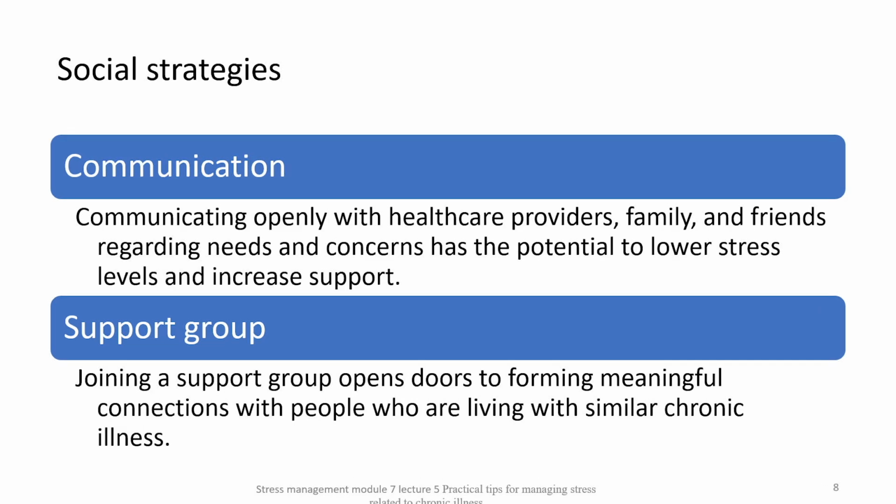Then comes the social strategies, that is, communicating openly about the health state with the health professionals, family and friends, which can clarify the needs and concerns of the patients and has the potential to lower stress levels.